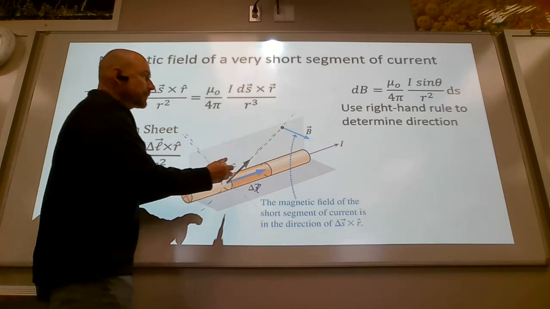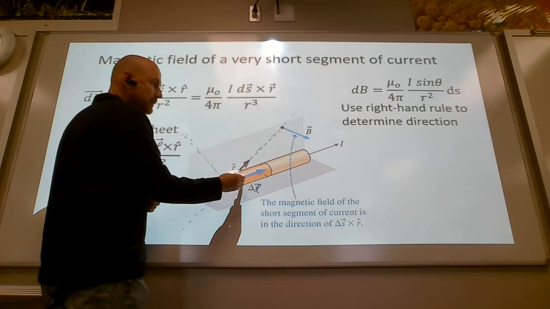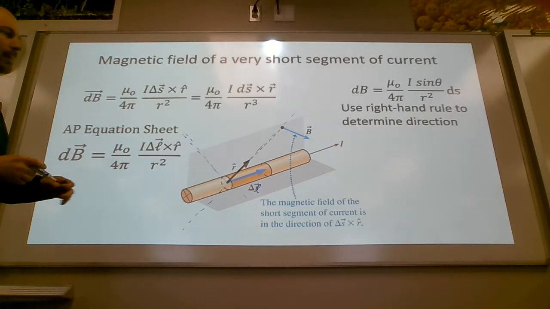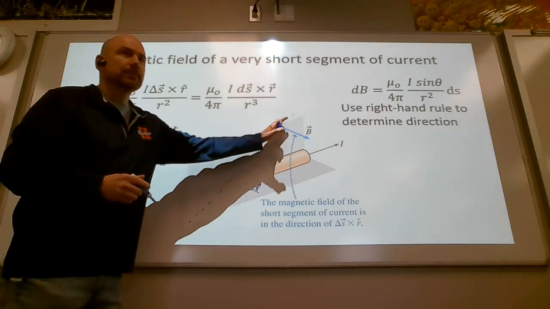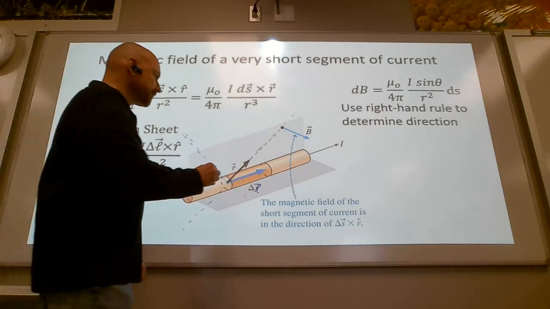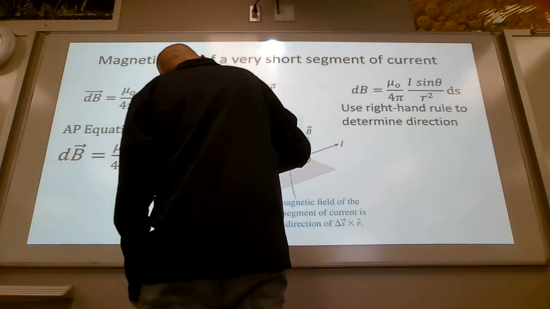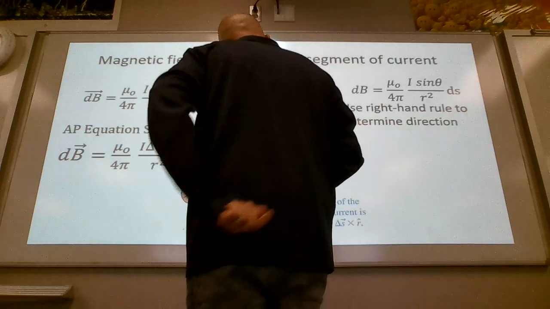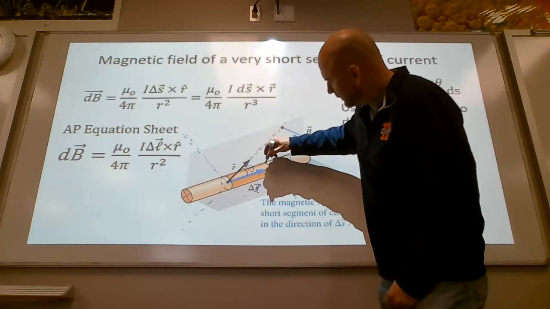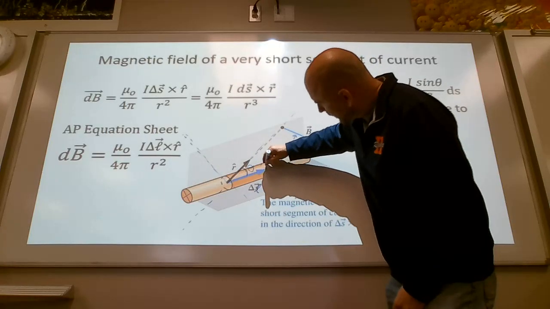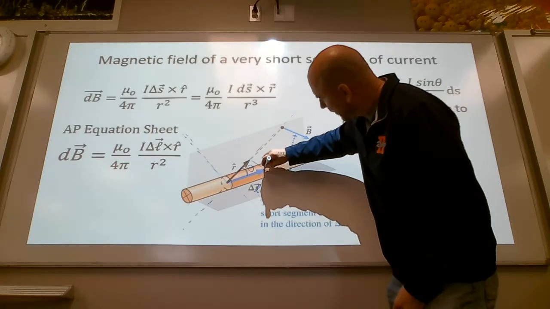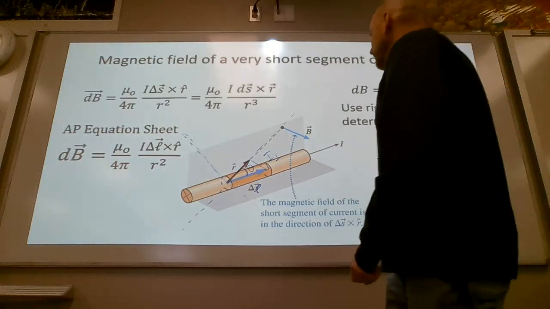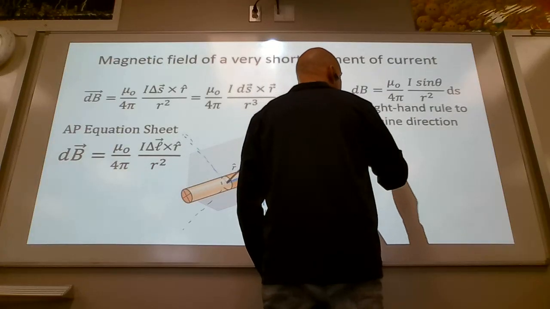So I'm going to look at the component of current that is perpendicular to that radius vector. I want this part here that is perpendicular. So you could write it like this.